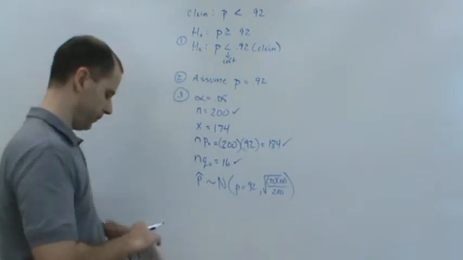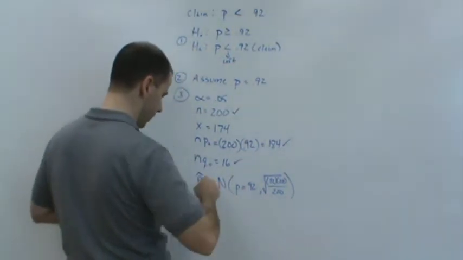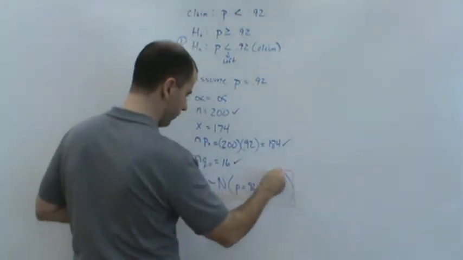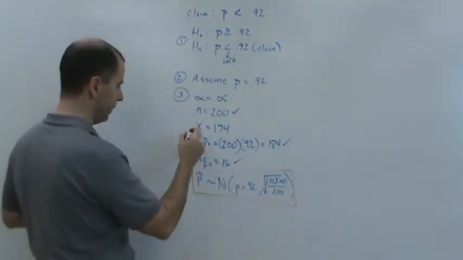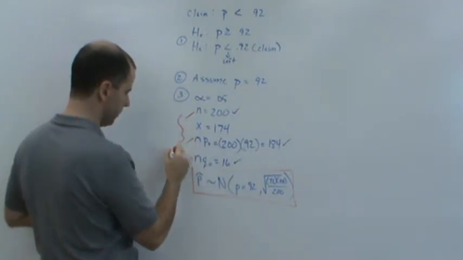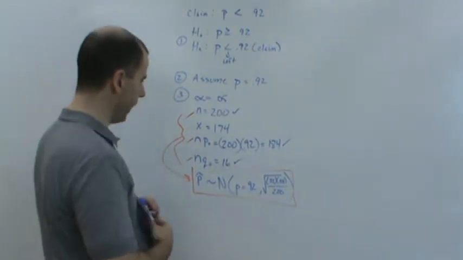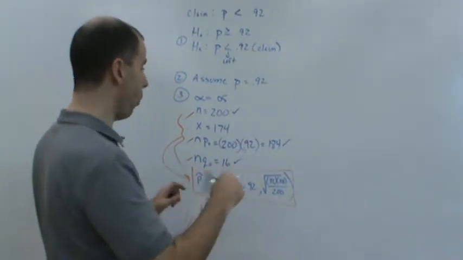So now, that's the key thing. This is what we know, okay? Based on this, this, and this. Now that we know that, we can go to step 4.